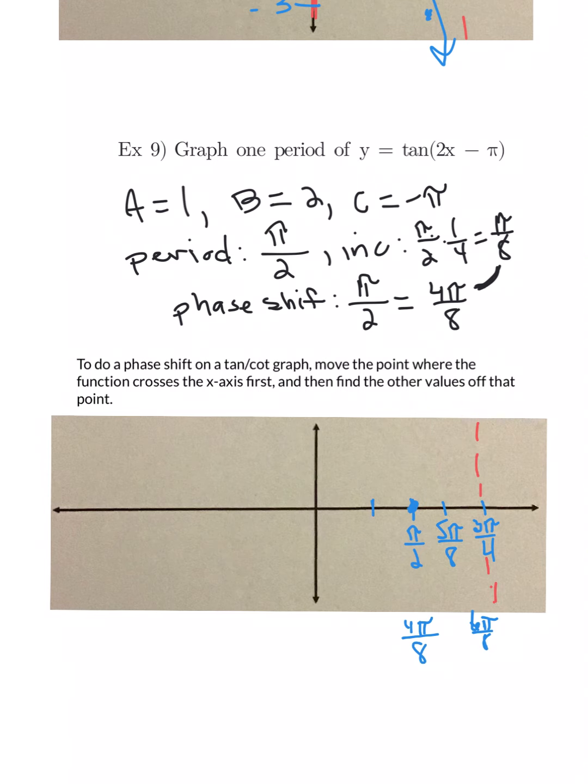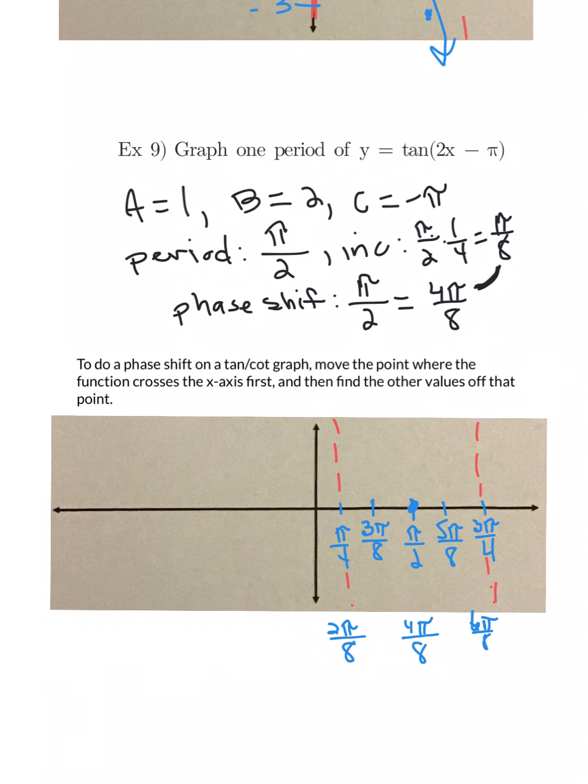The first mark over, 4 pi over 8 minus pi over 8, will put us at 3 pi over 8. 3 pi over 8 minus pi over 8 will put us at 2 pi over 8, which is pi over 4. And the second mark over is our asymptote.